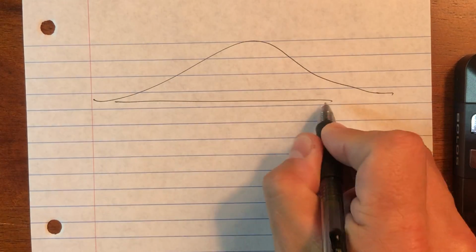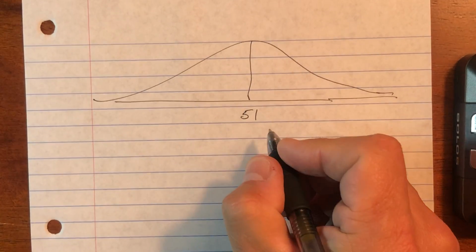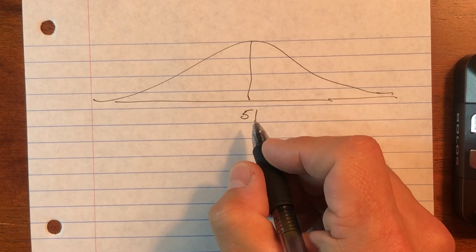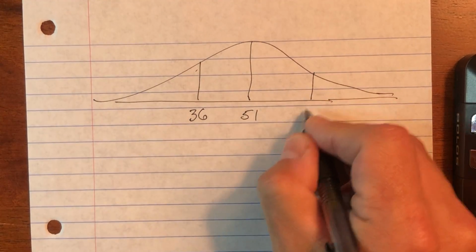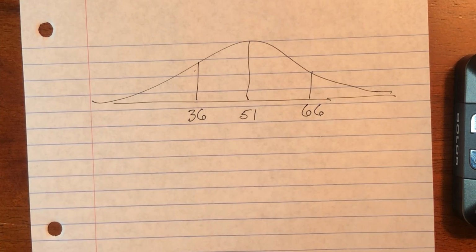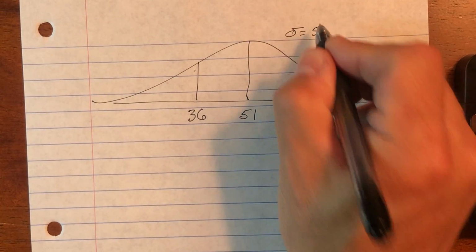Okay, so let's take a look at this. I'm going to just draw a little picture. For every one of these, I'm just going to draw a little picture. This one they're saying the mean is 51, and we want to figure out everything between 36 and 66. Well, it says that the standard deviation is 5.